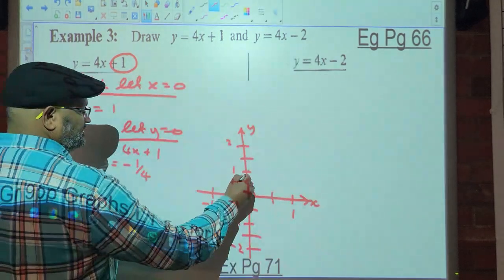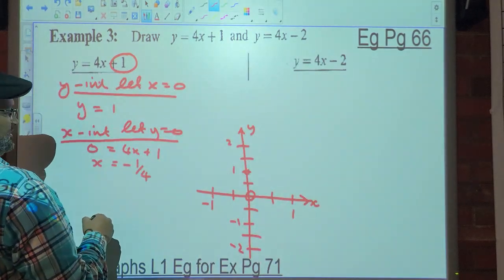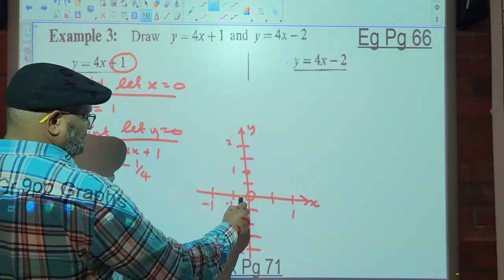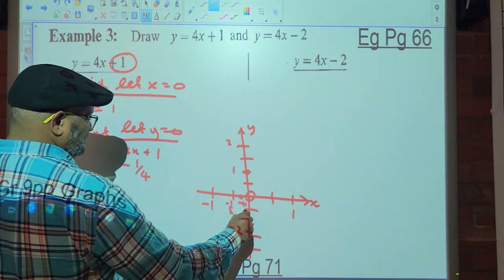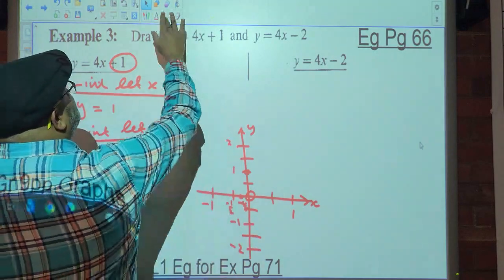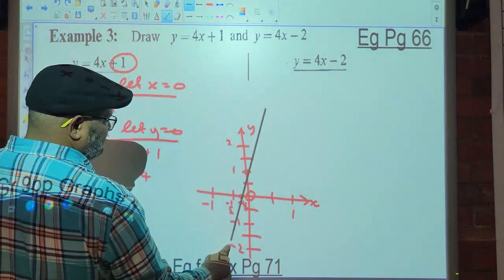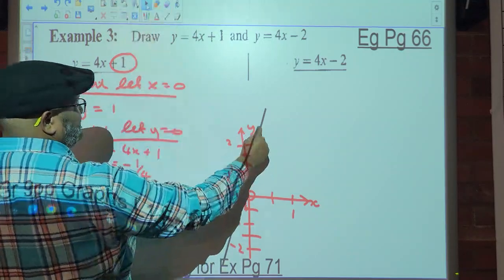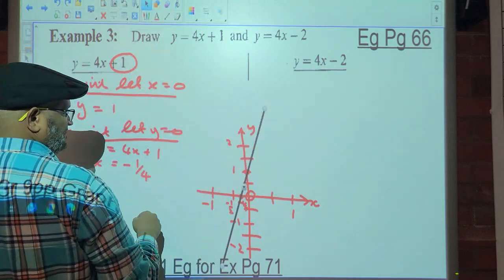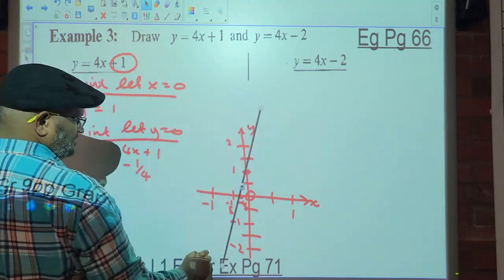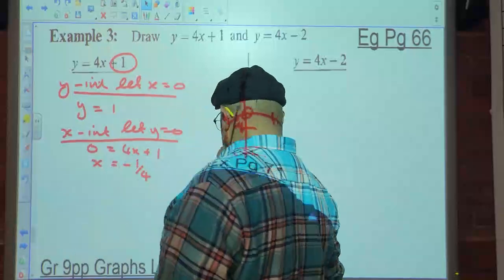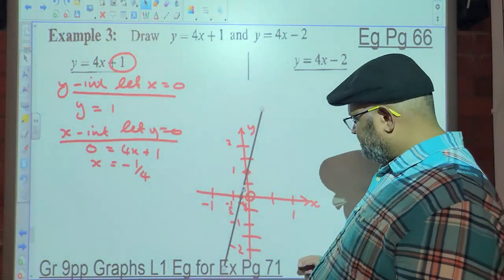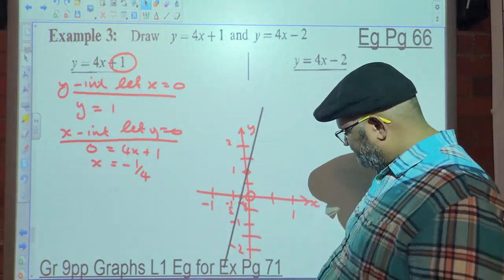Y is 1 and x is negative a quarter. So if this is negative 1, it's negative half, negative a quarter is there. You all agree with that? I don't know why they use such small values here, to highlight the effect, but I would have used bigger values. Okay, that's the one graph.